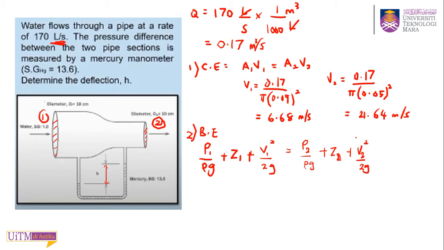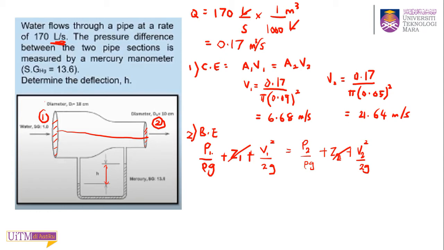What term can we cancel out inside this Bernoulli equation? Anyone? Z, yes. That's right, because it's the same elevation. So Z1 and Z2 you can cancel out each other.